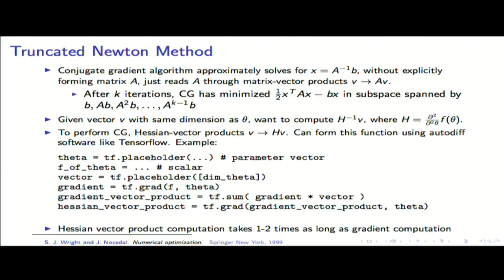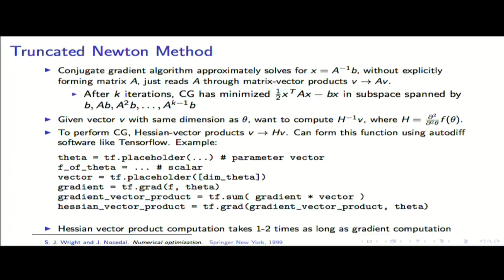What vector is this? This is just an arbitrary vector that the conjugate gradient algorithm is going to give us. The conjugate gradient algorithm is going to pick a series of vectors and then plug them into this expression. And these vectors would have been B, AB, A squared B.